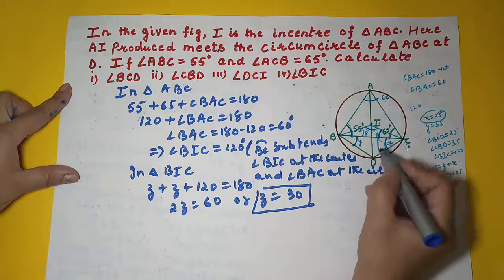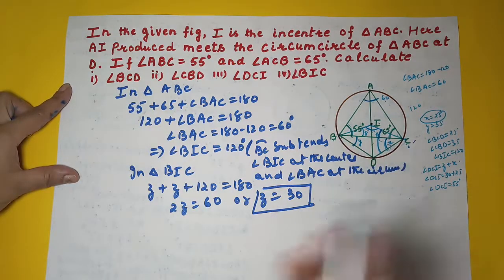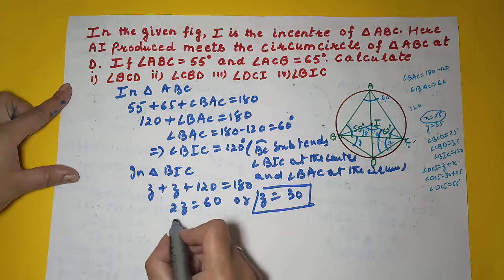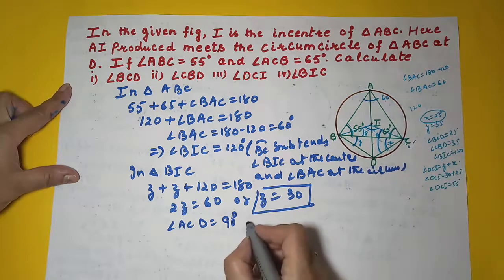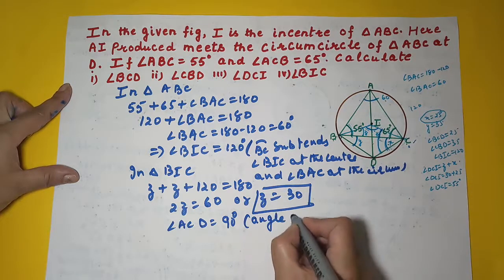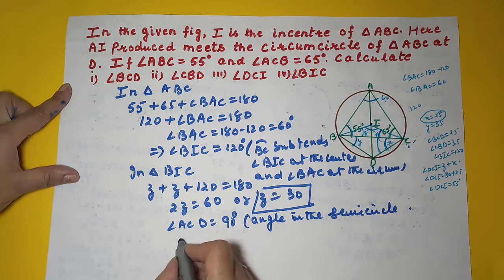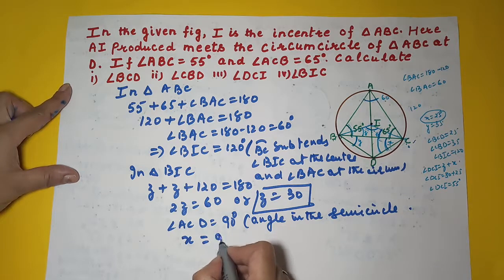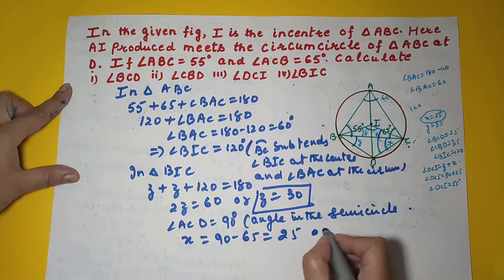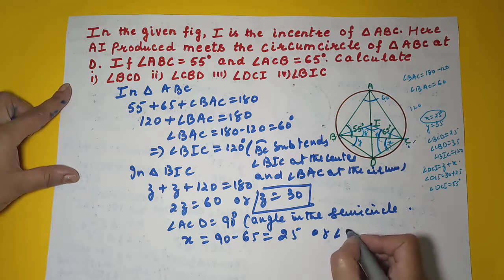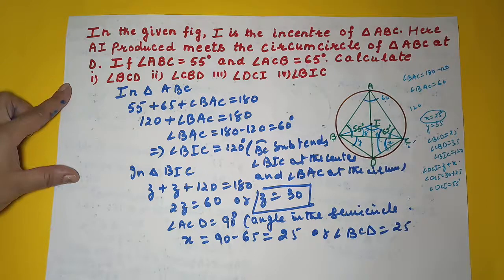Now, he wants me to calculate angle BCD, which is my X. Can I say that angle ACD is equal to 90 degrees? Why? Because it's the angle in the semicircle. So that gives my X as 90 minus 65, which is equal to 25. So you have found angle BCD as 25.